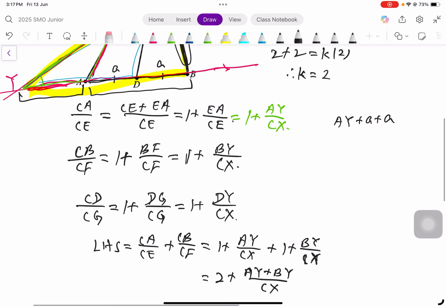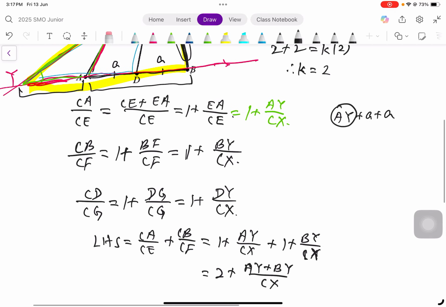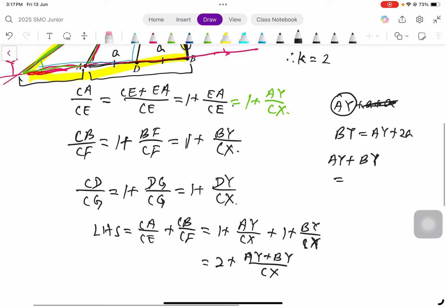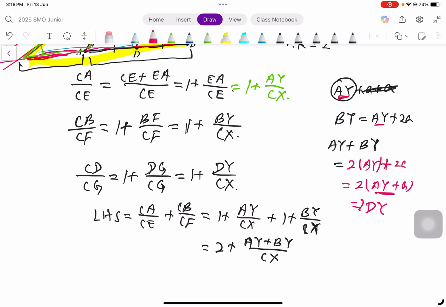AY is just AY, and BY is AY plus 2A. Therefore AY plus BY is twice AY plus 2A, which is twice of AY plus A. And AY plus A is DY, so it is twice DY.